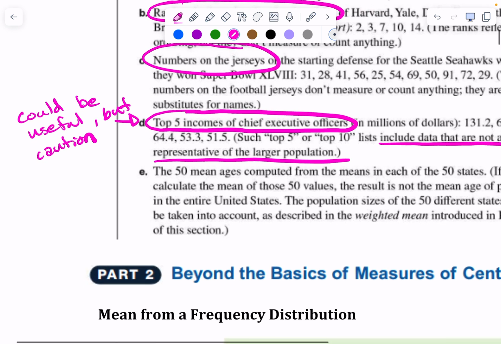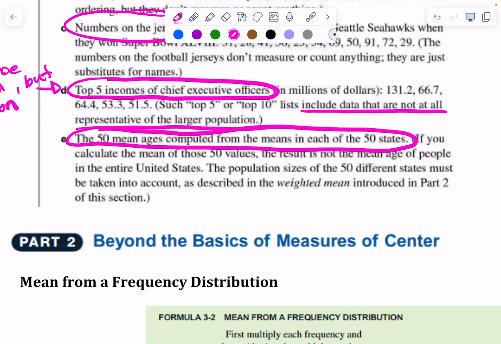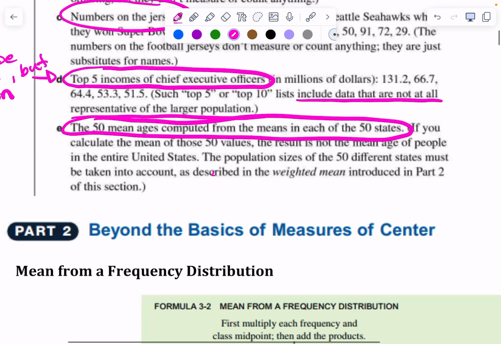And then it says the 50 mean ages from each of the 50 states. I guess we could average ages, right? But from each of the 50 states, why not? Because the population sizes are different. So underline that. Maybe we should have gone through this problem first before doing number 2.